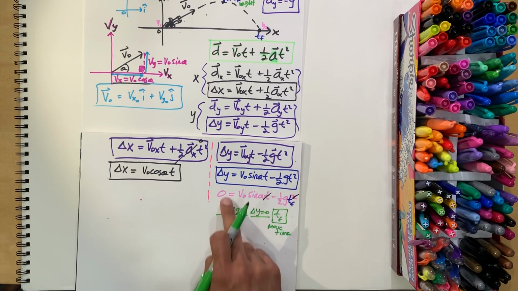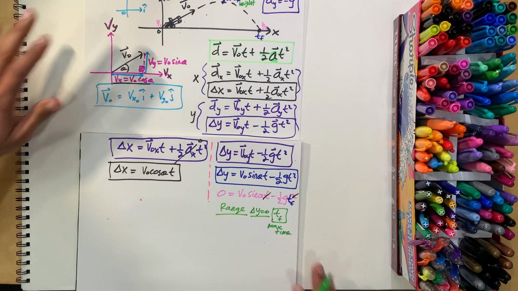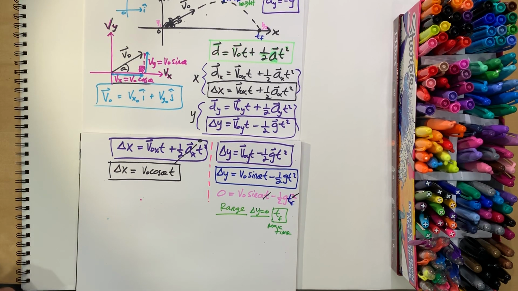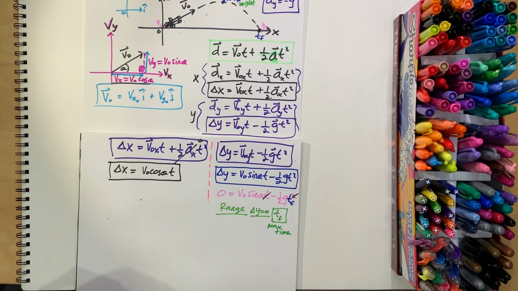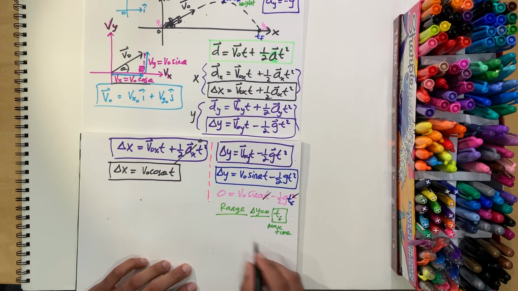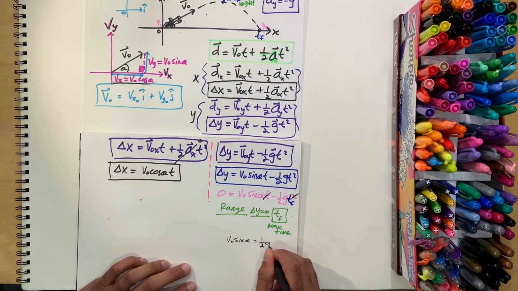All right, so now let's solve for t final. Let's do this in maybe 2 steps. So we're solving for time final. I'm gonna pass this to the other side, get rid of the negatives. So v initial sine theta is equal to 1/2 g t final squared.